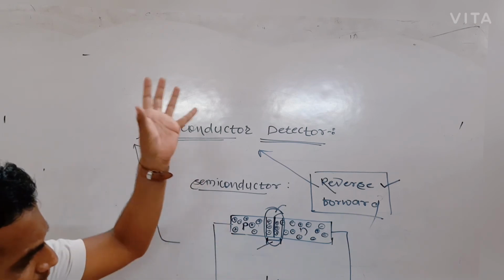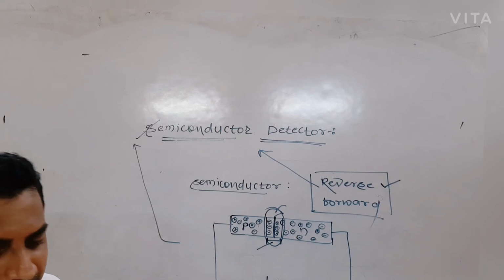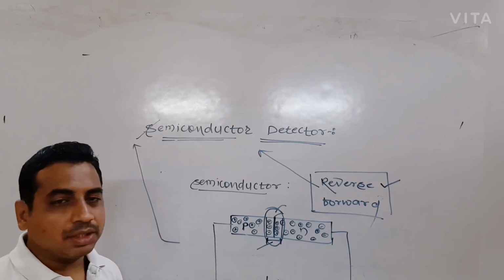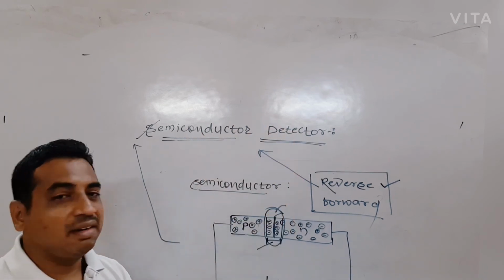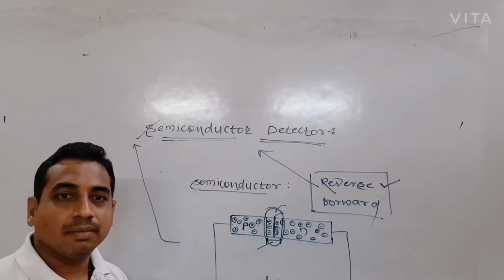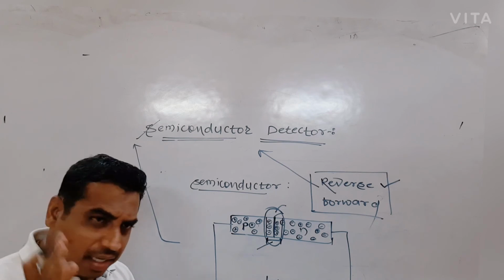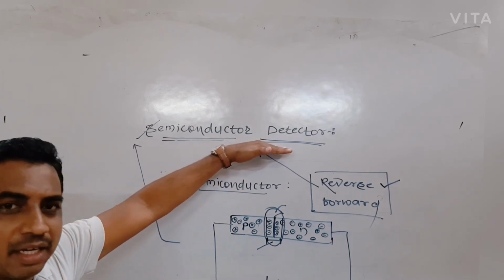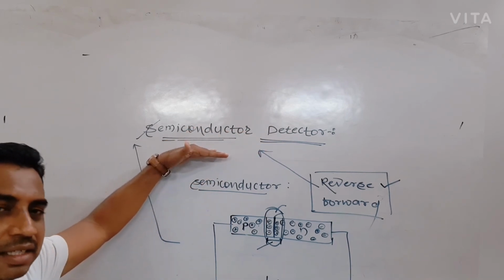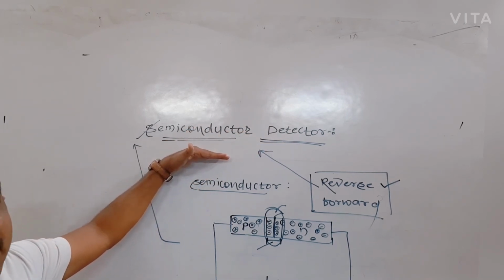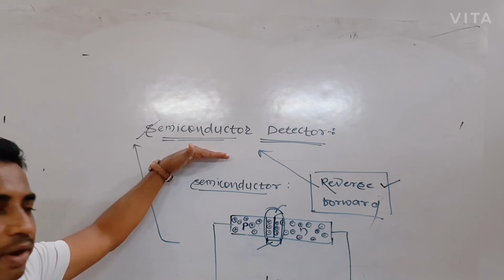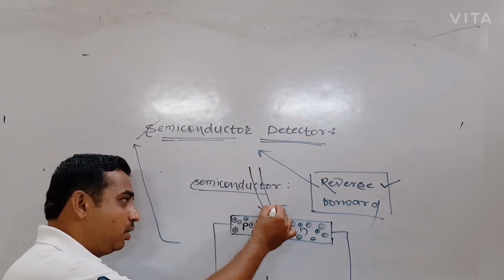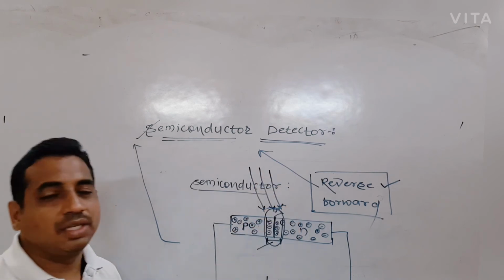So all this introductory part is very, very important for our semiconductor detectors. Whenever we study detectors related to semiconductors, the radiations that come from radioactive elements are directed towards this depletion layer.